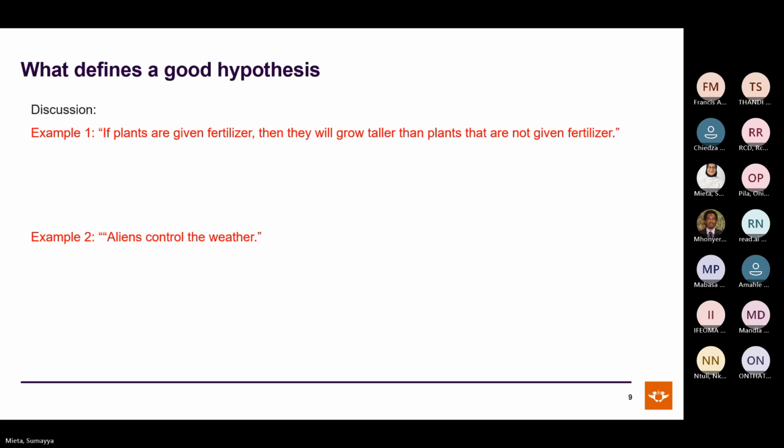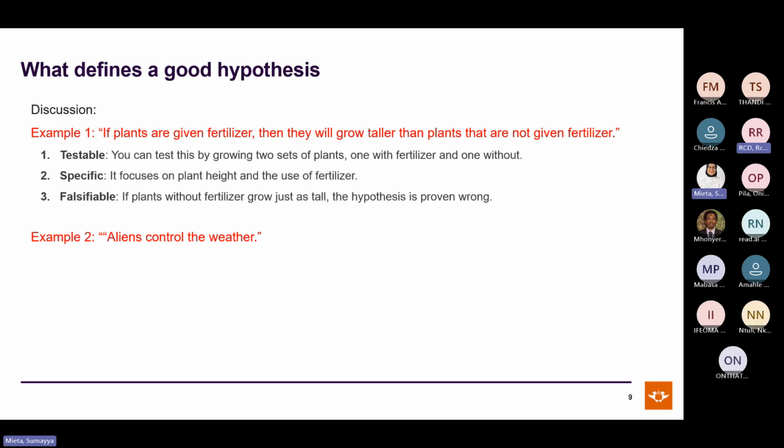So if we look at these two examples: if plants are given fertilizer, then they will grow taller than plants that are not given fertilizer. Can we test this hypothesis? Is it testable? Yes, it is testable. Is it specific?